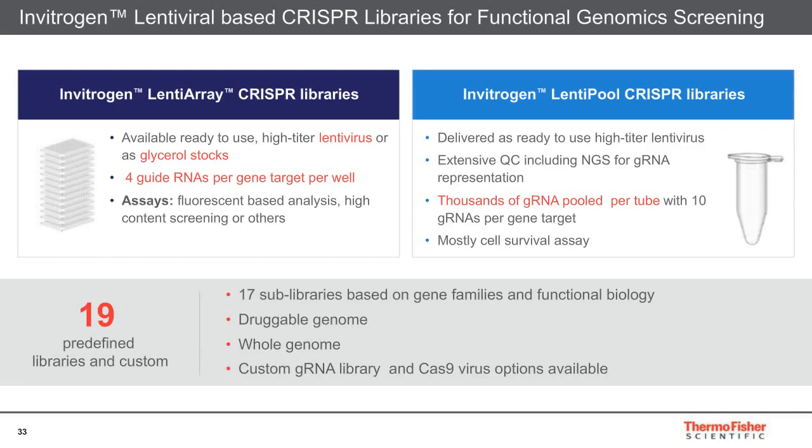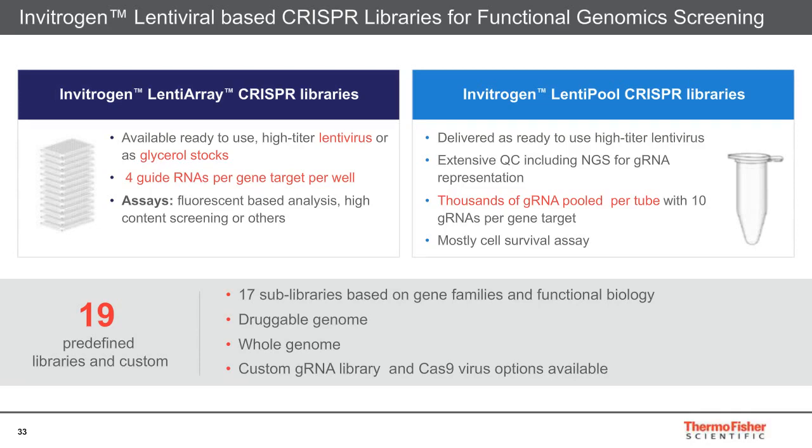Whereas the lenti-pooled CRISPR libraries are pooled libraries. In the lenti-pooled library, each target has 10 guide RNAs, and in the lenti-array library, each target has 4 guide RNAs, and these 4 guide RNAs are pooled in a single well.